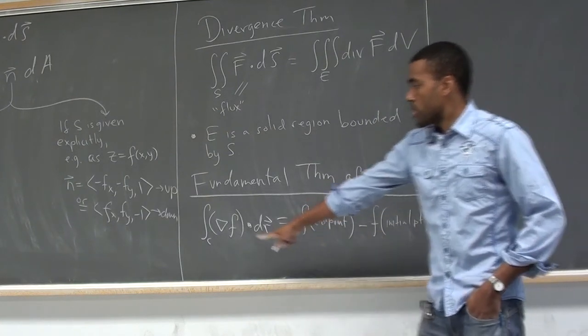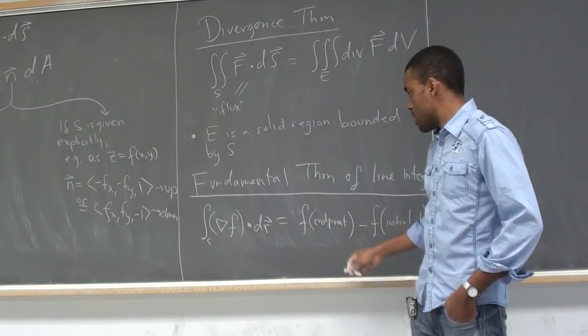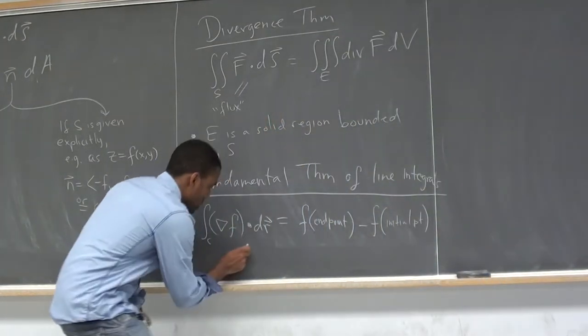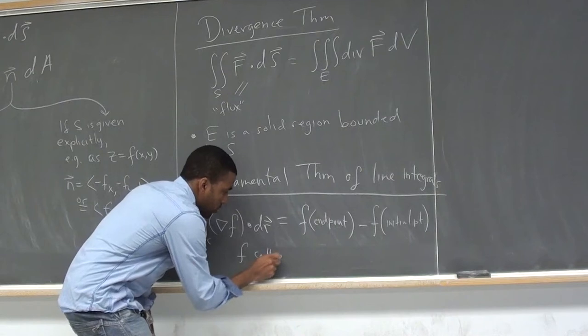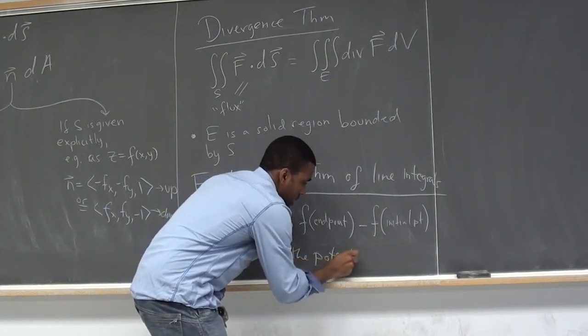In other words, the curve C doesn't matter. You don't need to parameterize, you don't need to do anything. Just find this function, which is called a potential function, and then you just evaluate it at the endpoints.